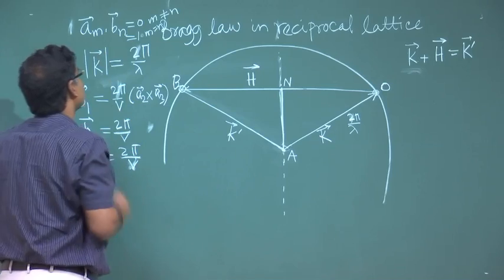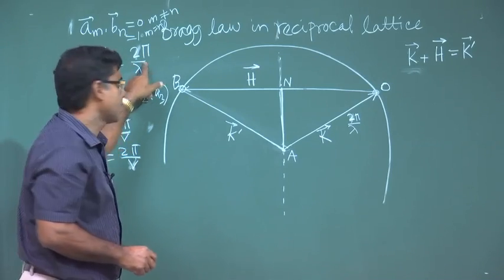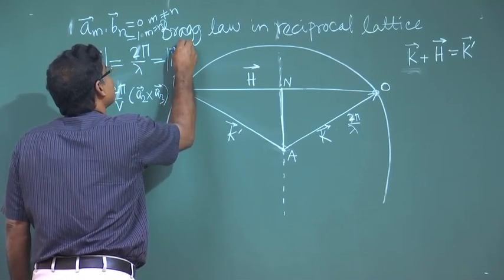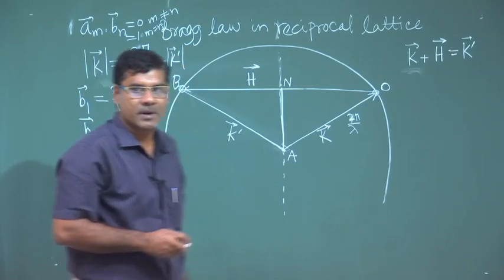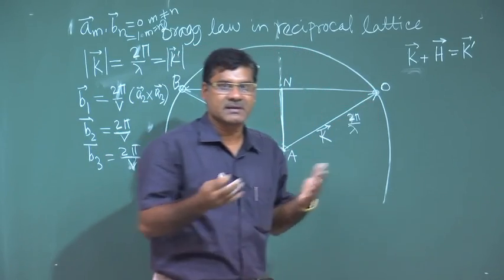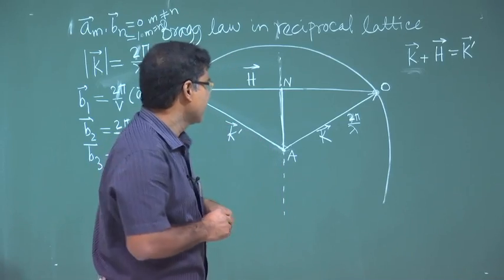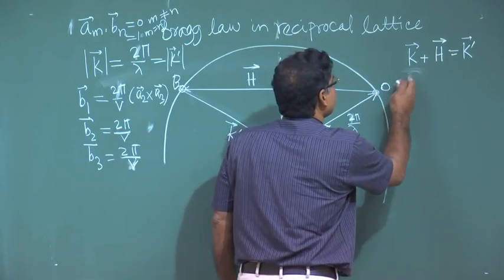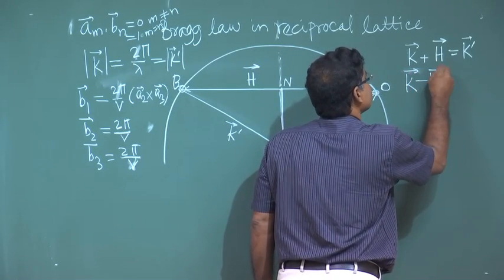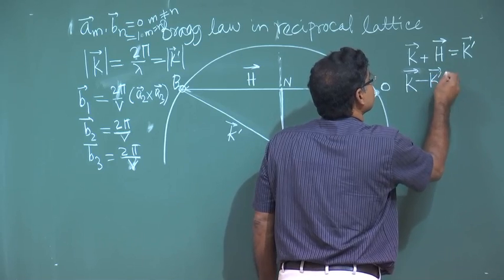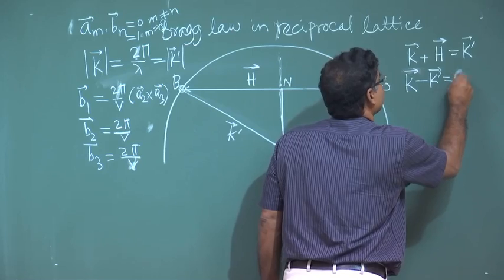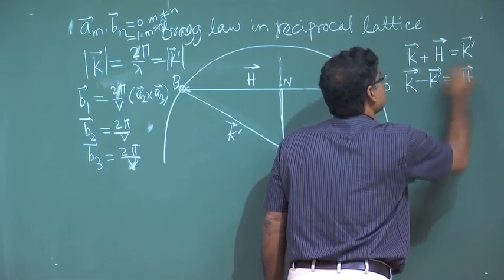So, if I write magnitude-wise, this is 2 pi by lambda, and the magnitude of k dash is also the same, 2 pi by lambda, but the directions are different. They differ in direction but have the same magnitude. So here I can write k minus k dash equal to minus h.